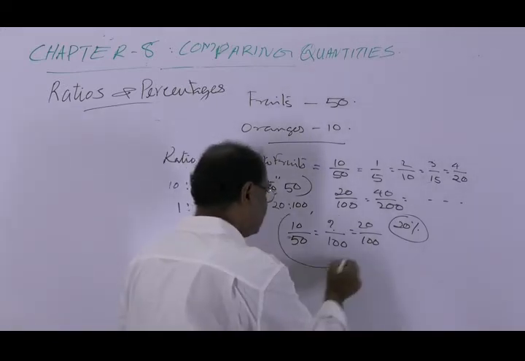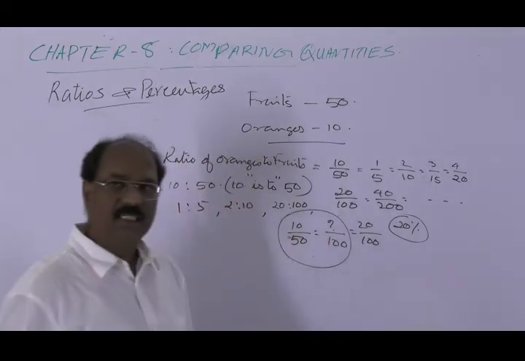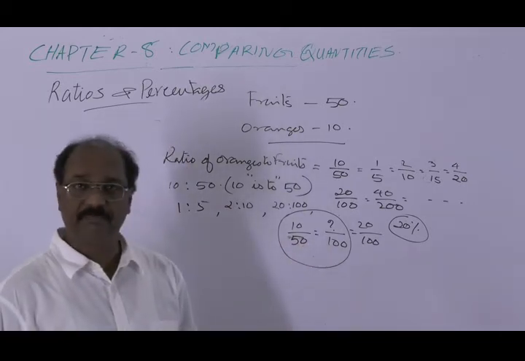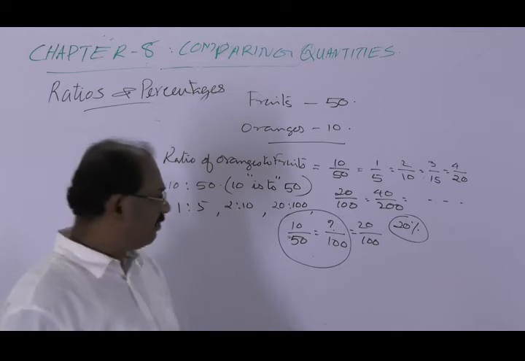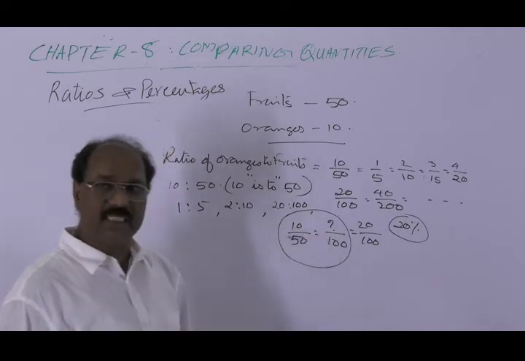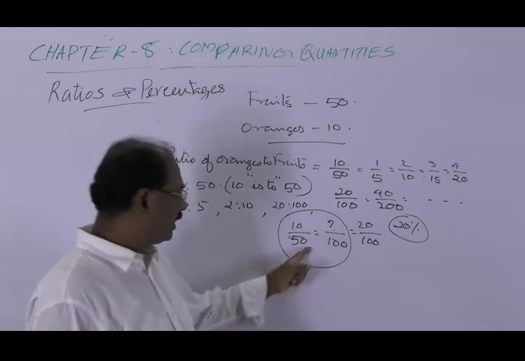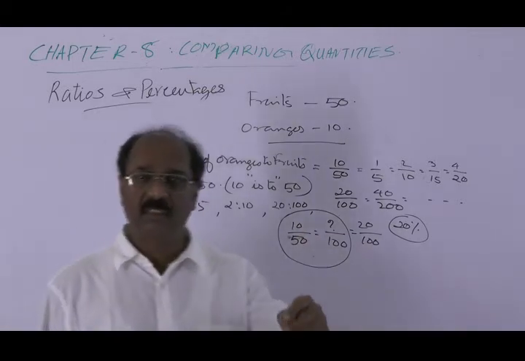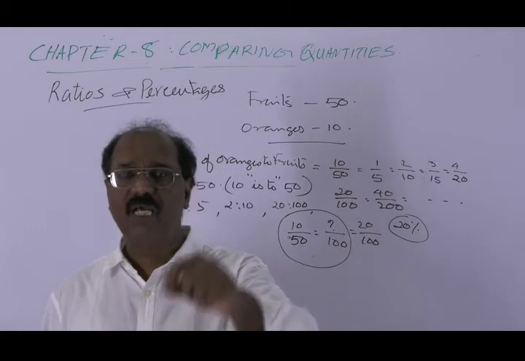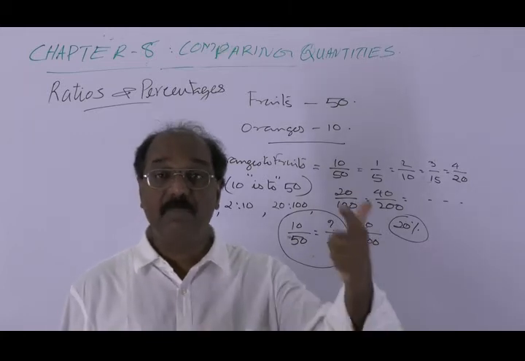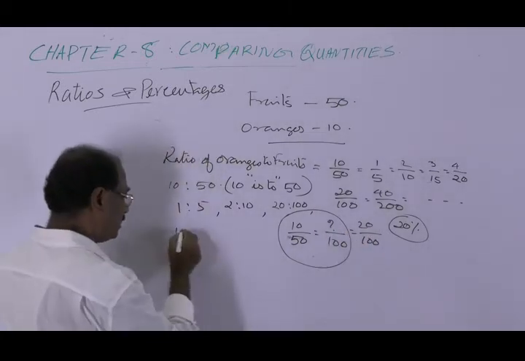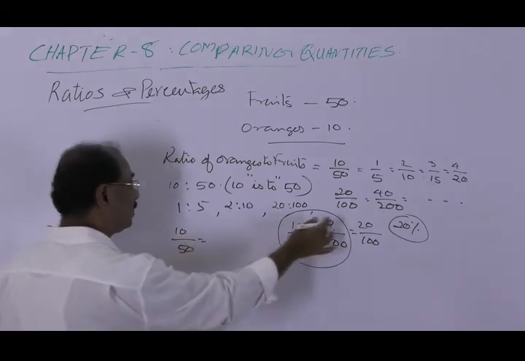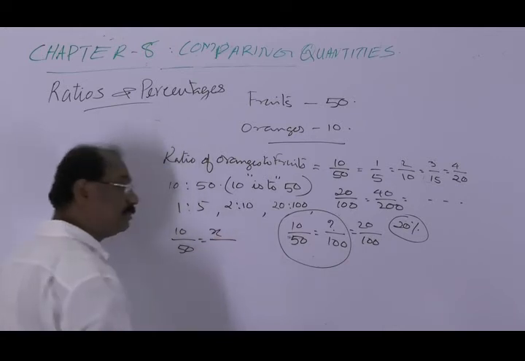So we see that this is the equation giving the percentage. If we want to find the corresponding percentage, we can use this fraction. Suppose we are given 10 out of 50 are oranges. What is the percentage? Take this 10 out of 50, which is equal to x over 100, where x is the percentage.